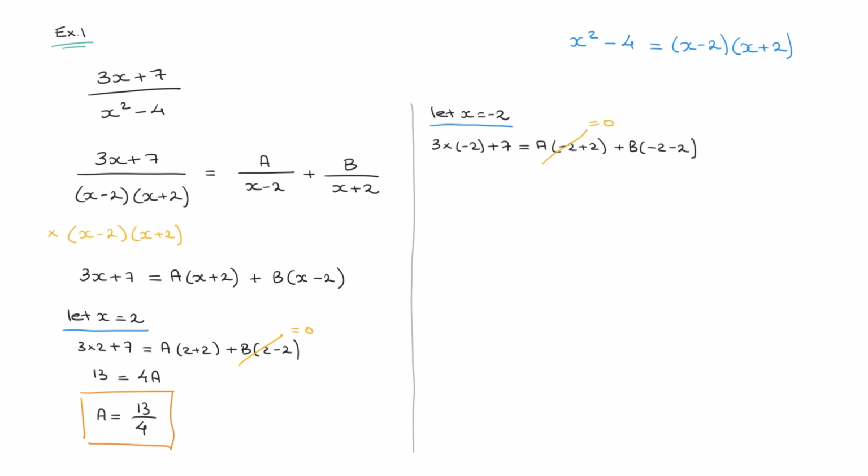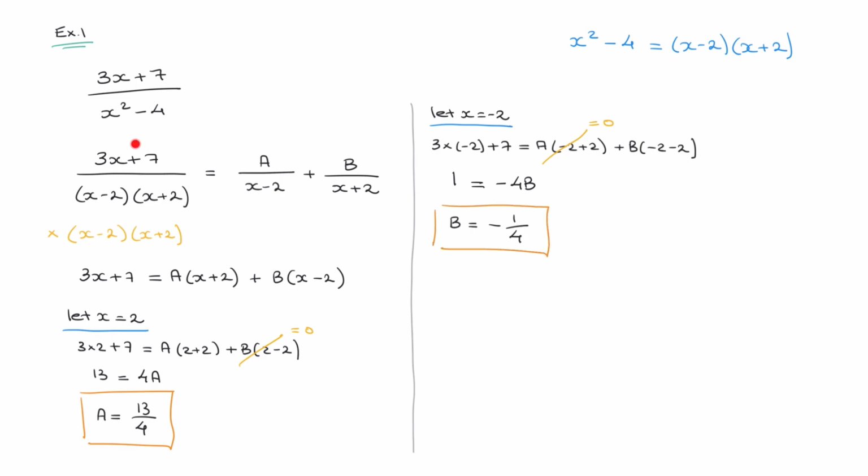And so we're left with 3 times -2 plus 7 on the left-hand side, which is just 1. And on the right-hand side, well, we have -2 minus 2 times b, so that's -4 times b. And so I'll write that, that's -4b. Finally, dividing both sides of this equation by -4, we quickly find that b is equal to -1/4. And that's the value of b.